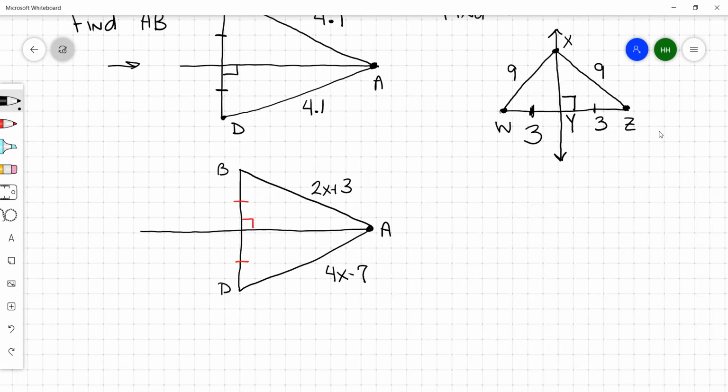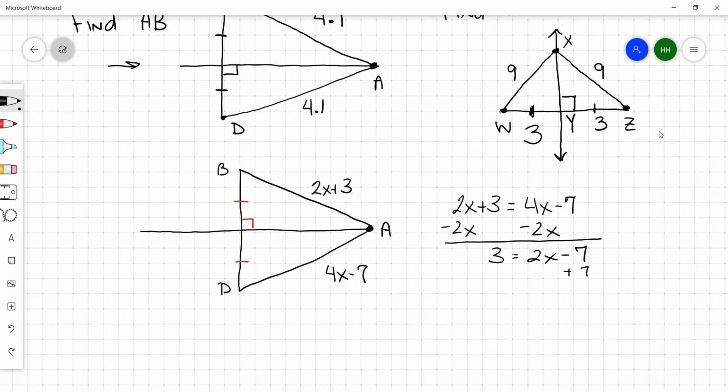What that means is that your 2x plus 3 is equal to the 4x minus 7. So you can subtract 2x from each side. 3 would equal 2x minus 7. Add 7 to each side. So 10 would equal 2x, and you could divide by 2.